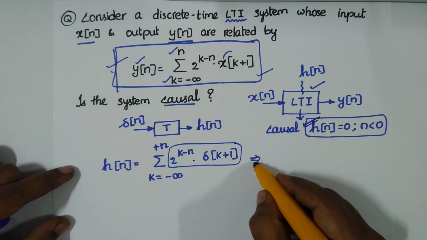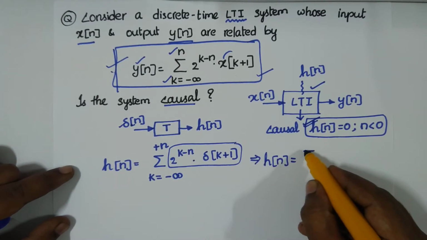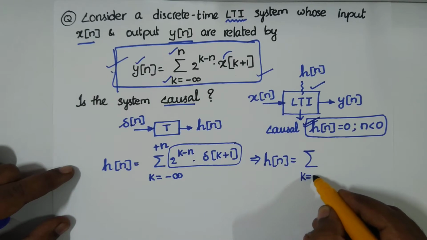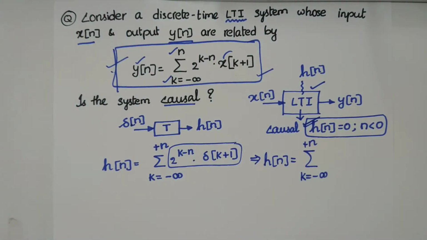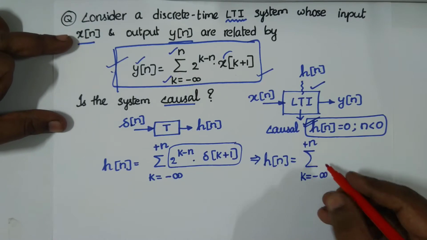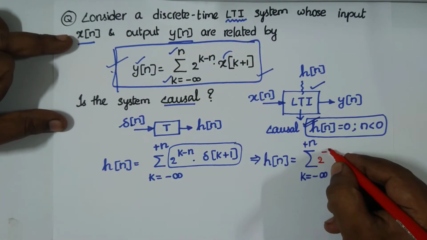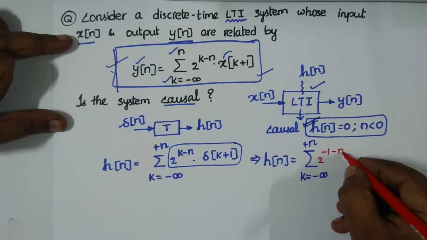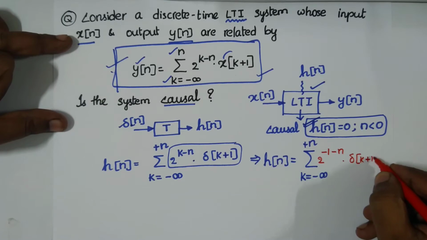So h of n is equal to the sum with k from negative infinity to n. Now let me use red. This becomes 2 to the power of negative 1 minus n multiplied by delta of k plus 1.